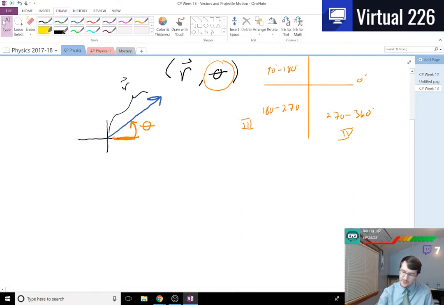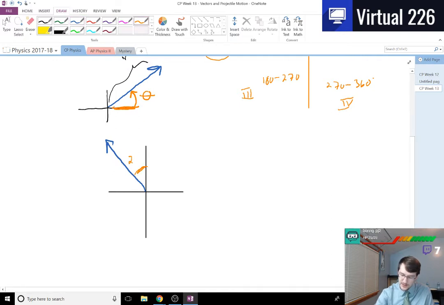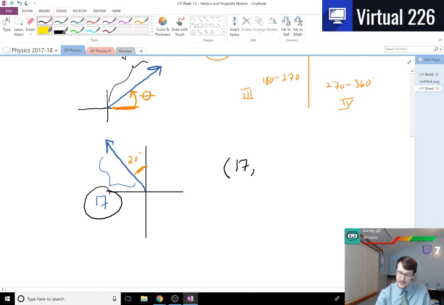Okay? We want to be a little careful when we're creating polar angles. If our vector exists over here somewhere, and let's say that we're given this angle here is something like 20 degrees, and let's just say the length of this is something like 17. Then our polar angle would be the size, 17, comma, and then the angle.